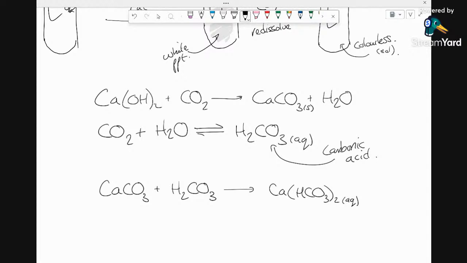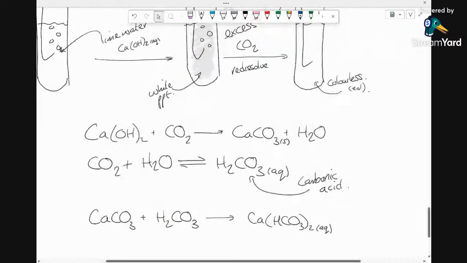Can we just check that it all adds up in terms of atoms? I've got one calcium, two hydrogens, two carbons, 3 there, 6 oxygens, all adds up. And that now redissolves. When that came up on the paper, I was absolutely blown away by it.